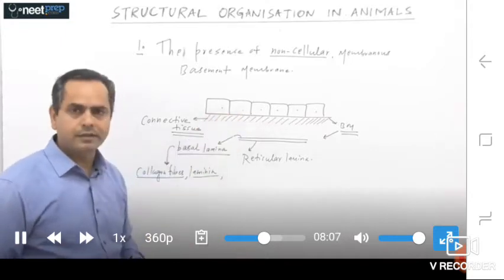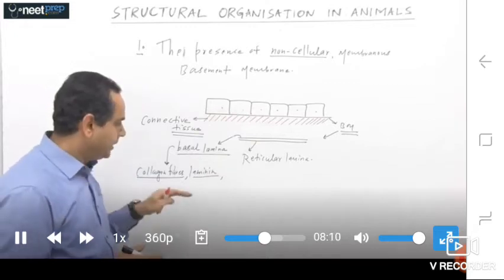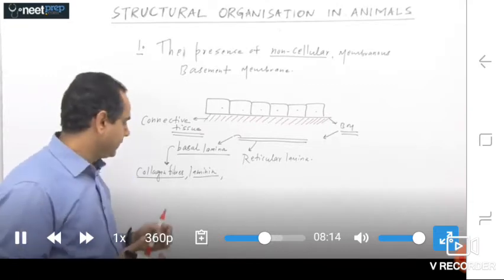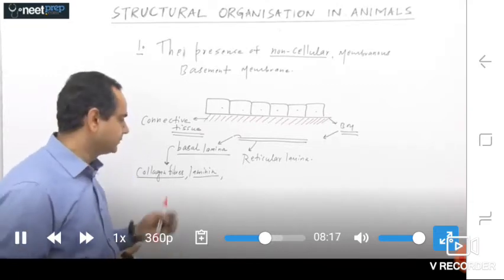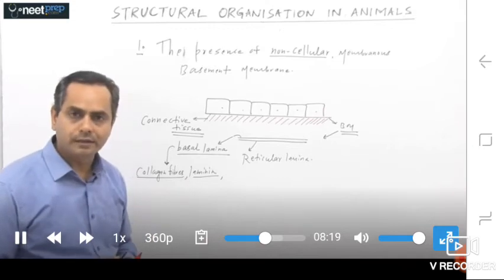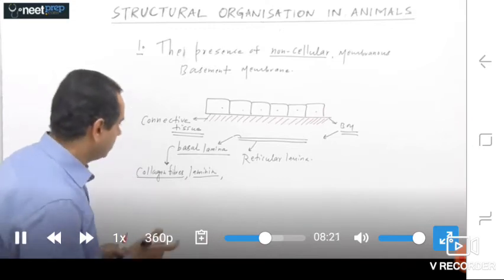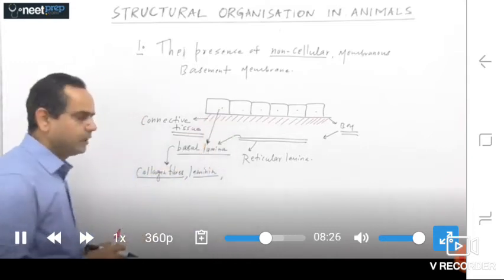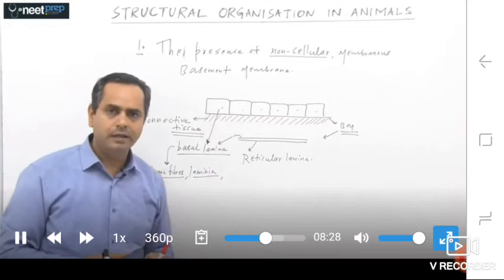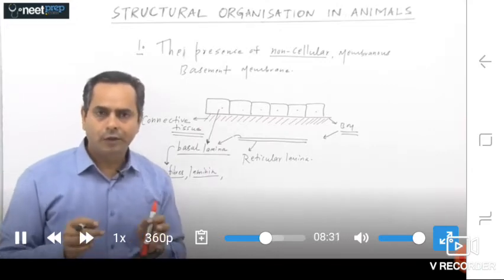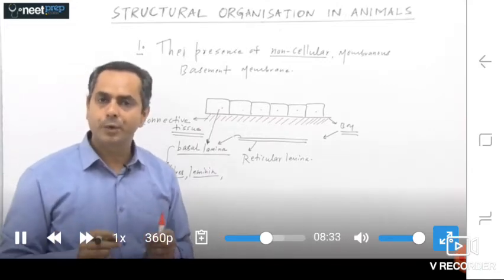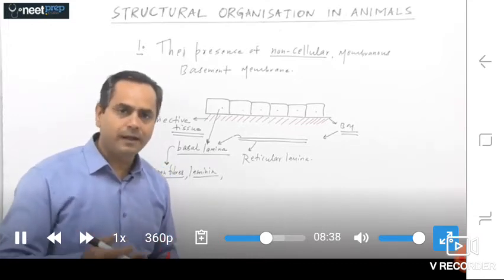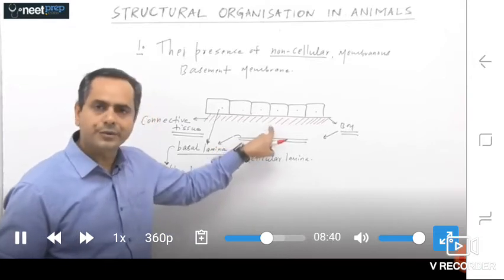It is a fibrous structure. The reticular lamina also contains fibrous protein, and that is secreted by the underlying connective tissues.